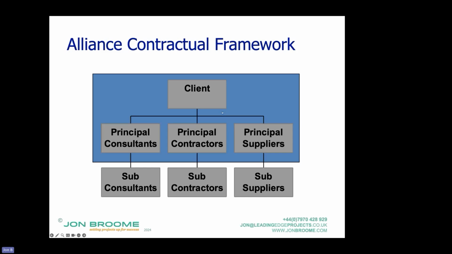And I'd have separate contracts with each and every one of them, yeah? And I might even have target cost contracts here, which incentivize the people to work together with me to reduce costs, but under that contract only.